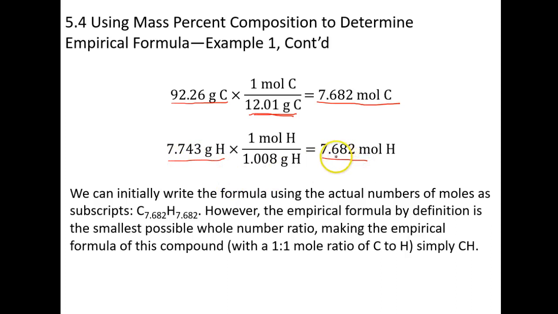What you should get in the habit of, and your publisher doesn't do it, but what I have found to be successful, is to have at least 5 to 6 numbers after the decimal point. It makes these problems much more accurate. They stop at 3. I would do another 2 to 3 more numbers. For example, 92.26 divided by 12.01 equals, I would do 7.68193.